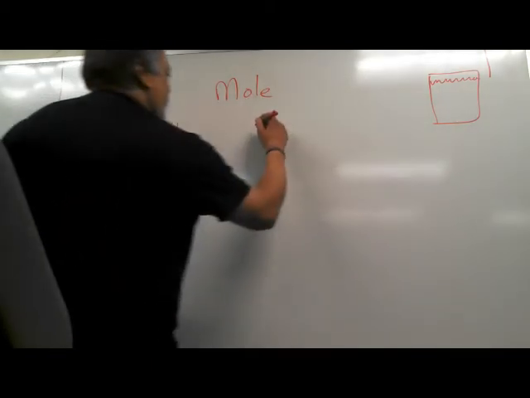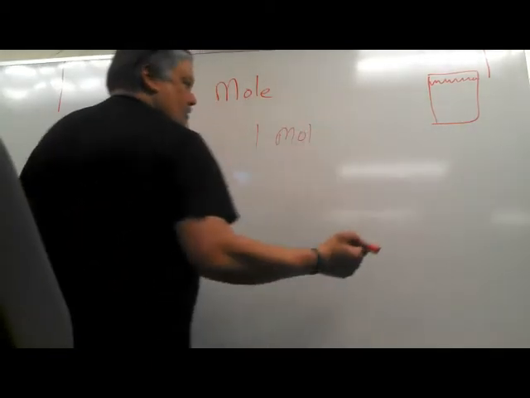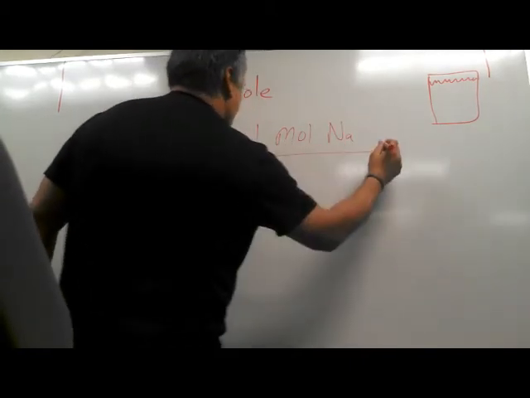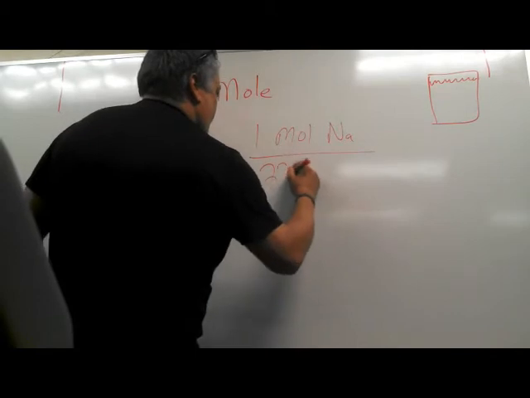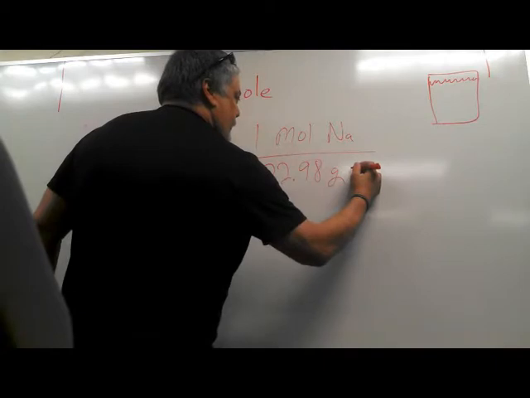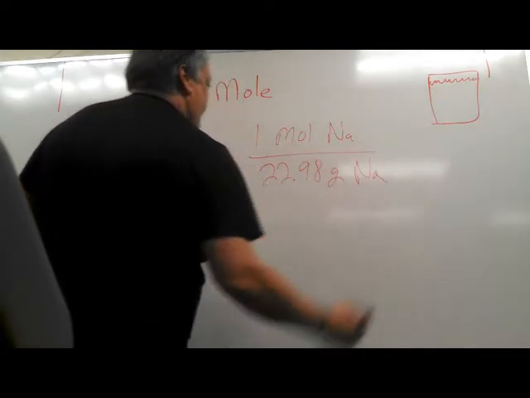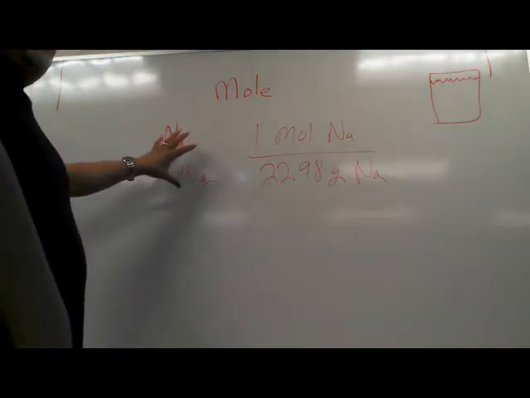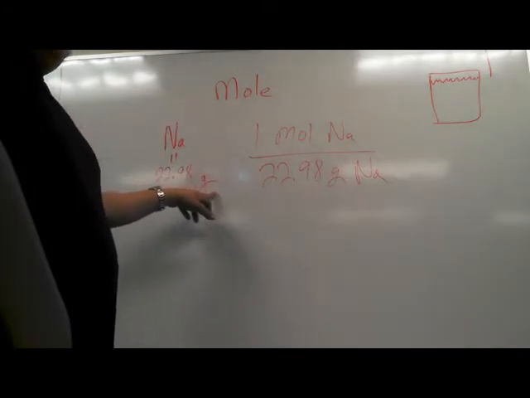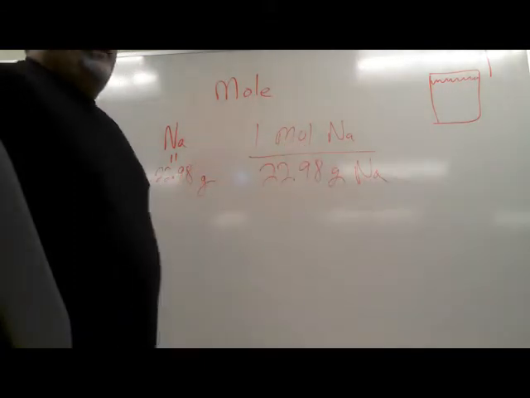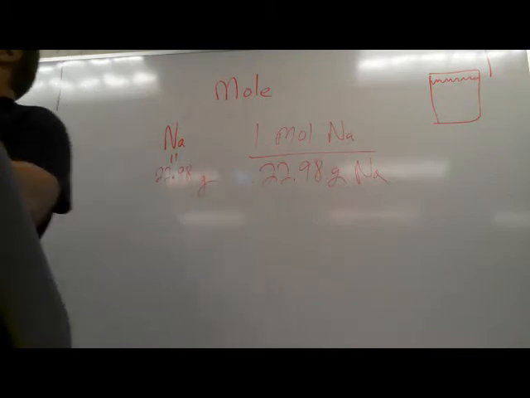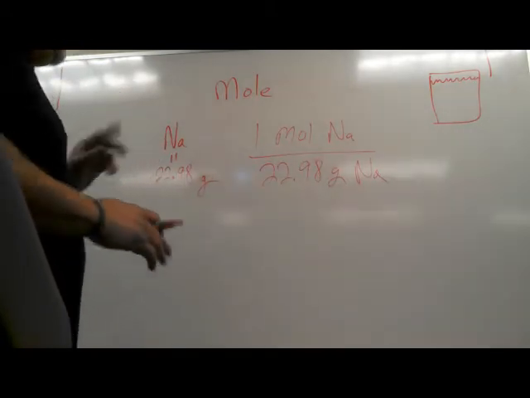So for instance, 1 mole, and you just have to write mol, of sodium is equal to 22.98 grams of sodium. So what we've done is taken something so microscopic you can't see it with the naked eye, put a gram symbol behind the atomic mass, and called that 1 mole. And every element on the entire periodic table works exactly the same way.